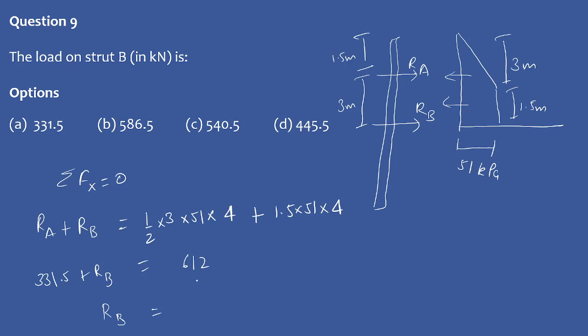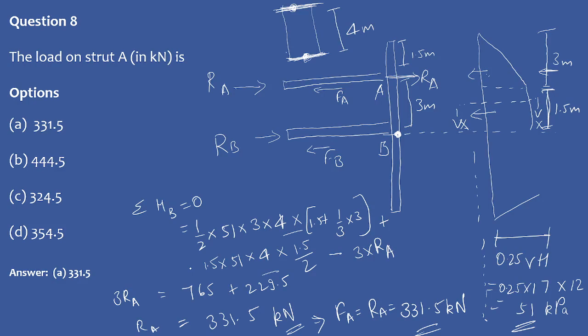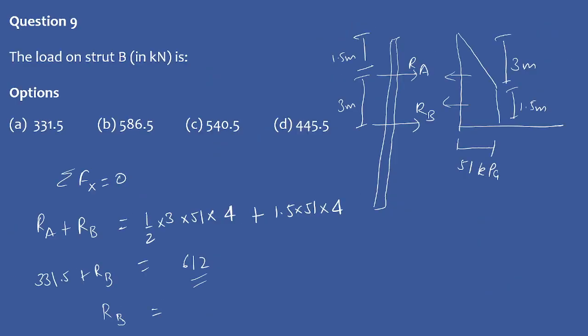So this is 612. Then RB is 612 minus 331.5. It's 280.5 kN.